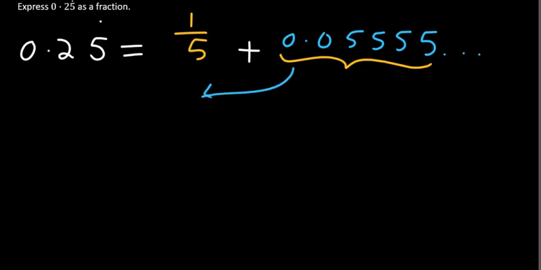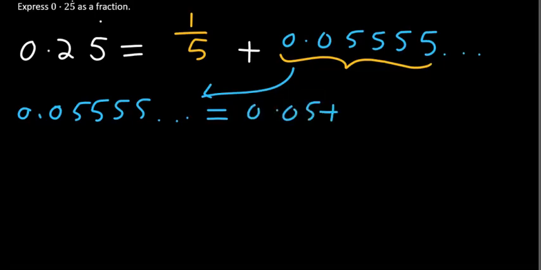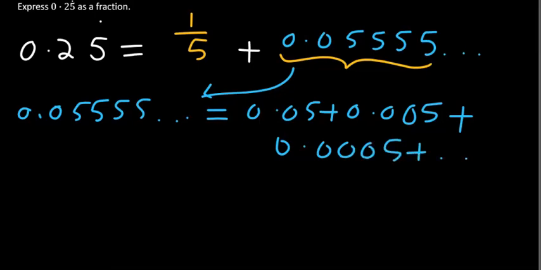So let's write the second term, 0.05555 on and on, in the following form. It is 0.05 plus 0.005 plus 0.0005 and so on.